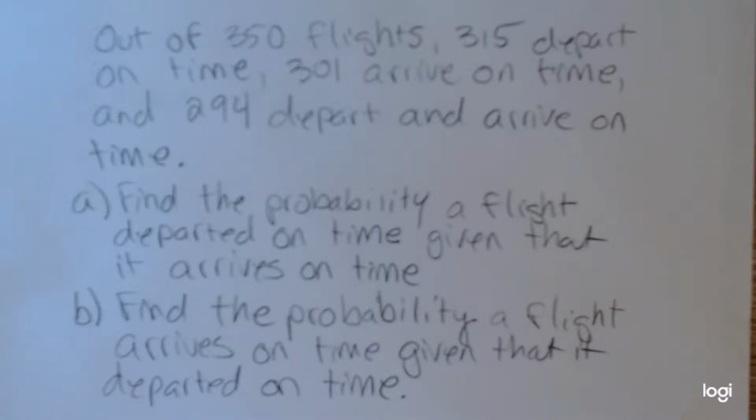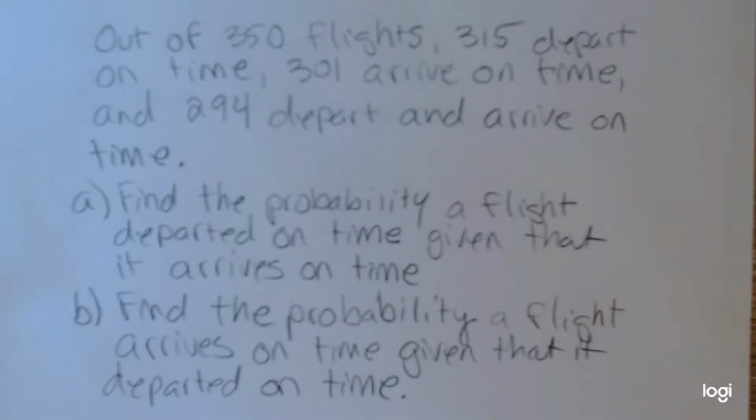I'm going to do an example using the multiplication rule and conditional probabilities. The example is, out of 350 flights, 315 depart on time, 301 arrive on time, and 294 depart and arrive on time.